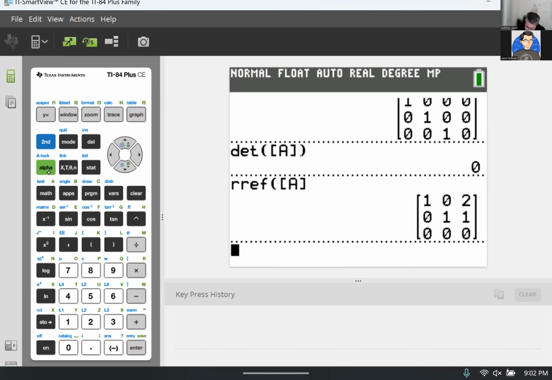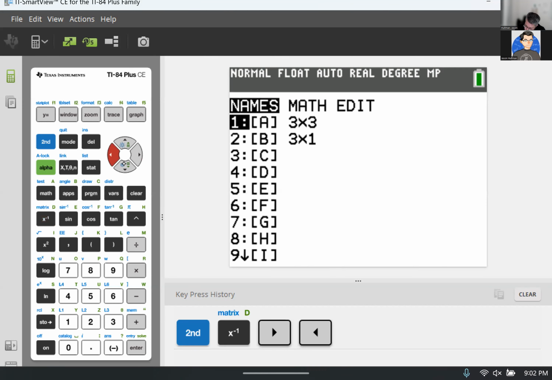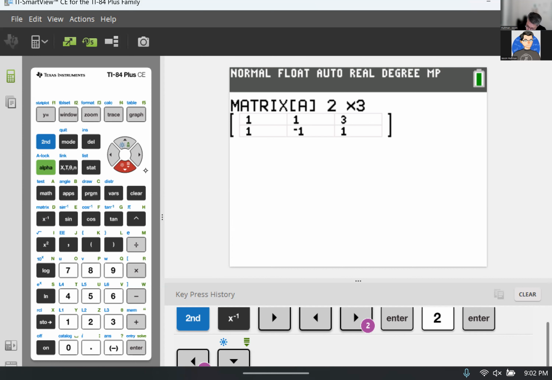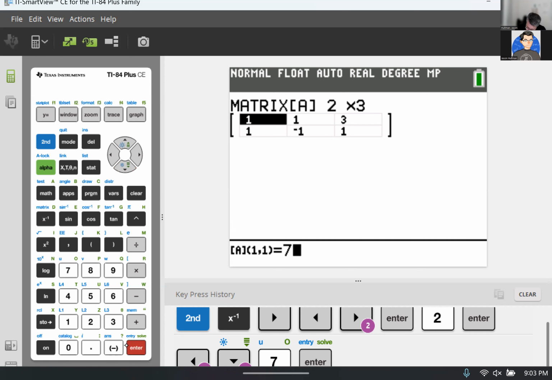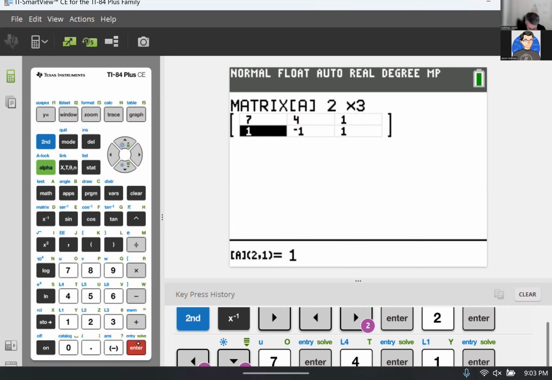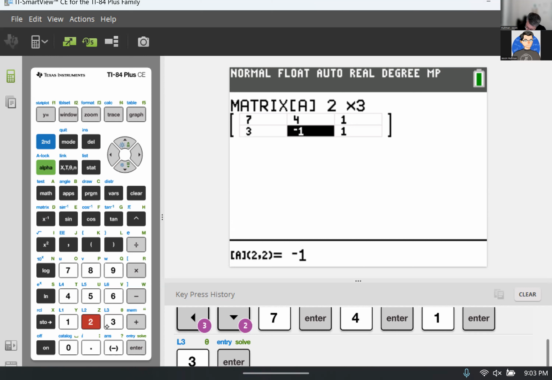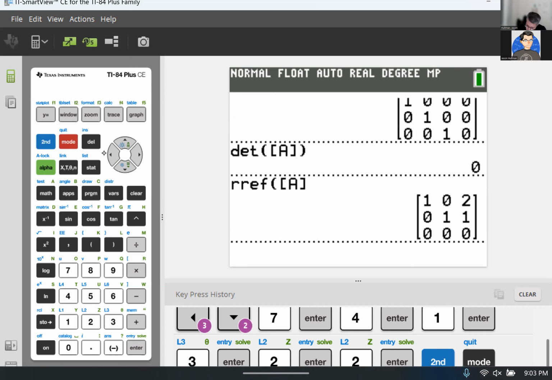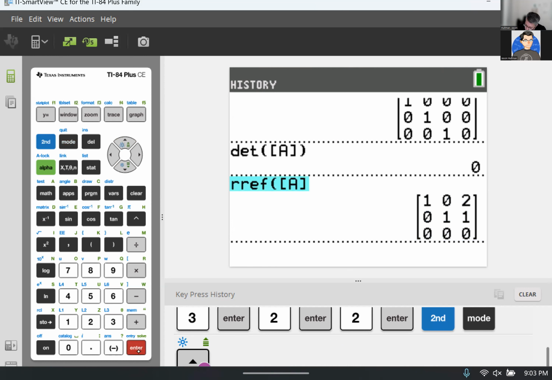So let's go second matrix, and then we'll do a 2 by 3 here. The coefficients are going to be 7, 4, 1 and 3, 2, 2. And quit out of that, and we'll just RREF it.